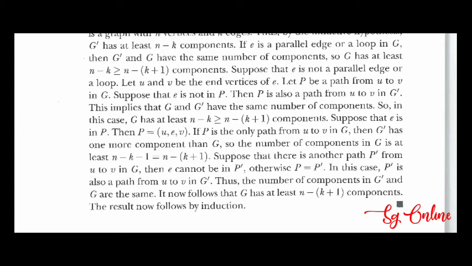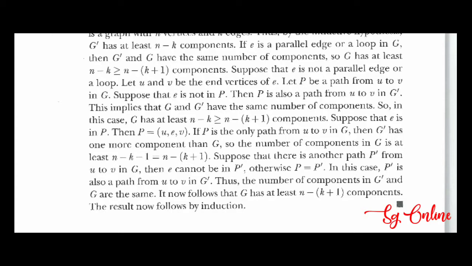The deleted graph has at least n minus k components, so the original graph has at least n minus k minus 1, that is n minus (k plus 1), components, and that is required for our result.